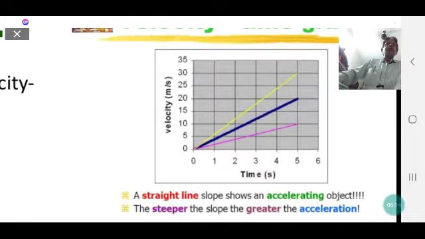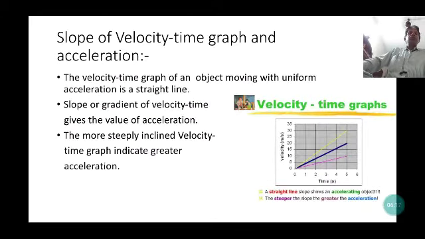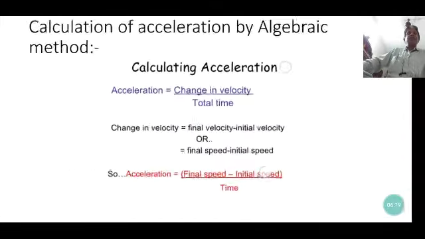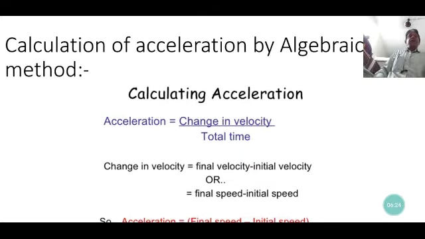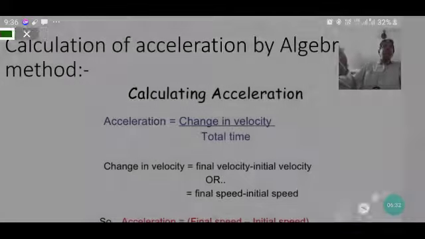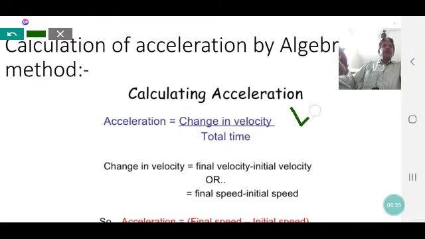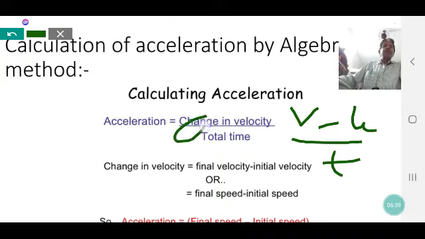Okay, now in the next slide we are going to explain what is acceleration. As we discussed earlier, acceleration is calculated by the algebraic method like this: acceleration is equal to change in velocity divided by time, that is, a = (v - u)/t, where v is the final velocity and u is the initial velocity.